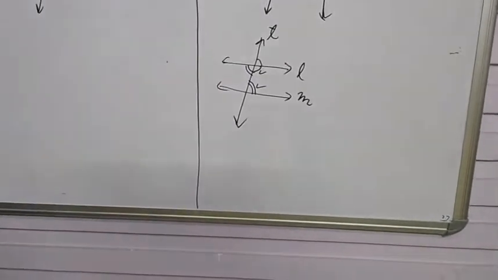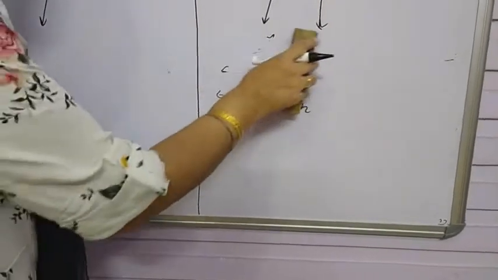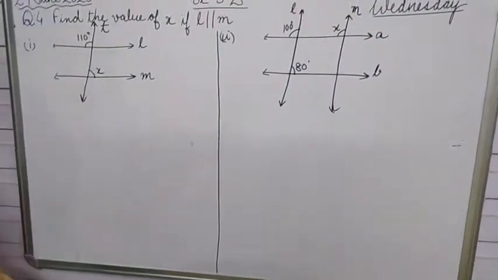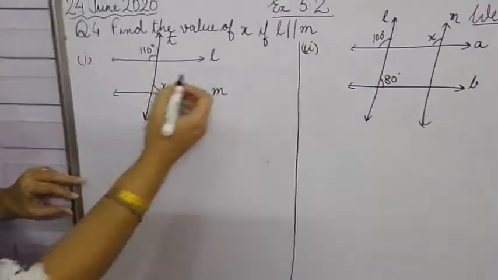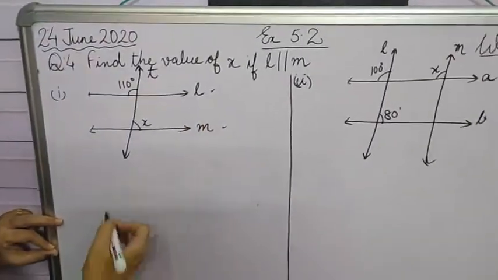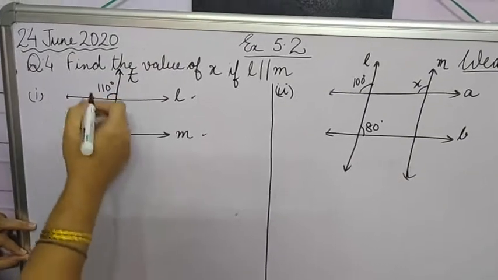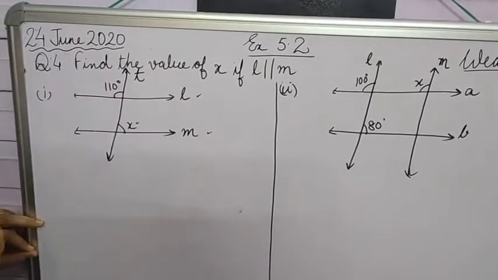So these three results you are to remember whenever parallel lines are intersected by a transversal. Now here also in the first part, these two are parallel lines and they are intersected by a transversal.